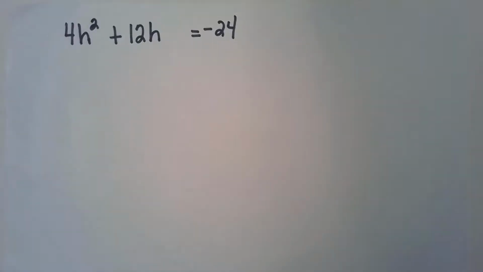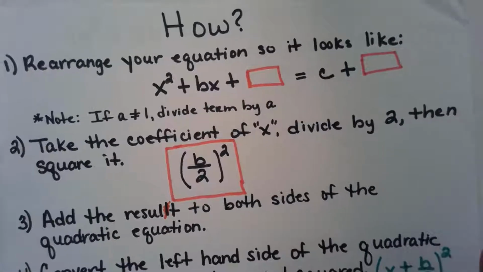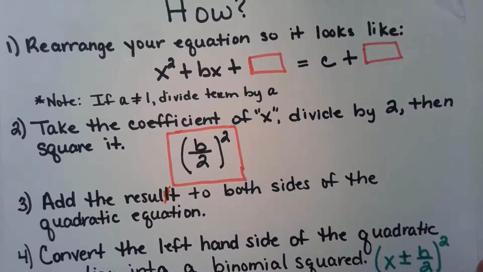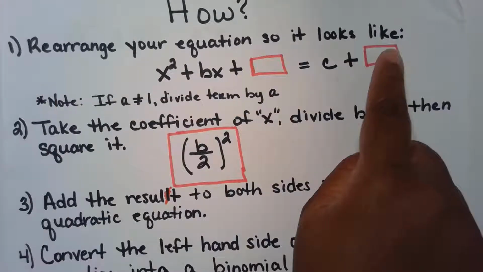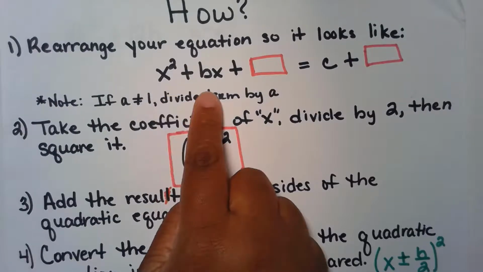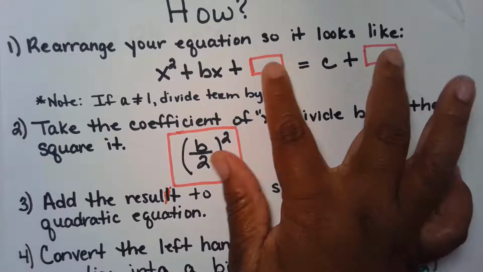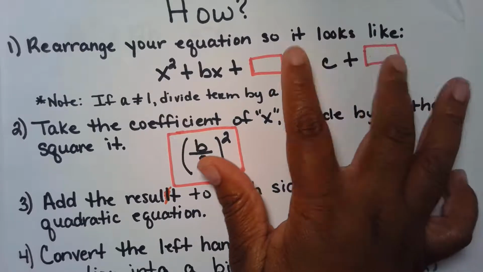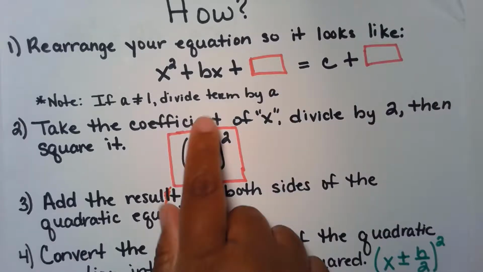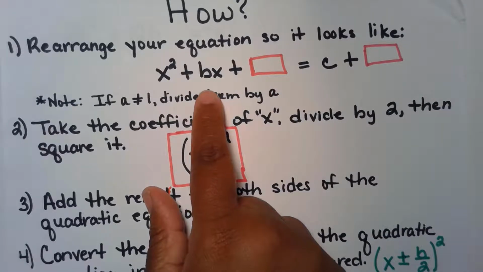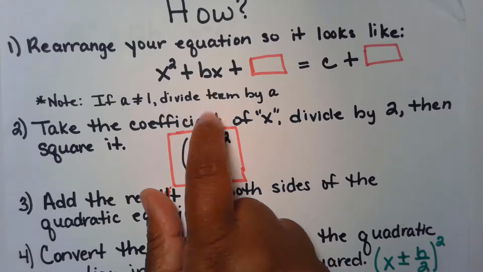So going back to how we complete the square, under number 1, for step 1, we rearrange the equation so it looks like x squared plus bx equals c, and we fill in the missing component by taking half of the coefficient of the middle term of x and squaring that.